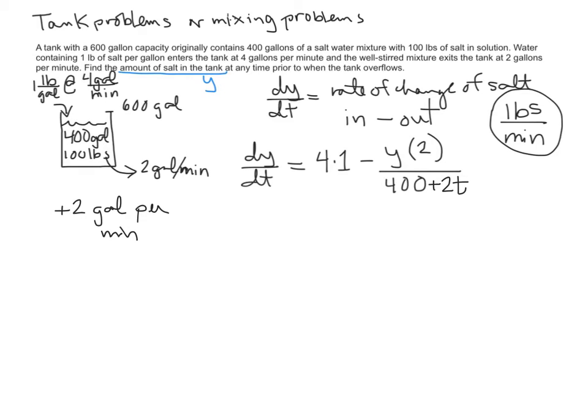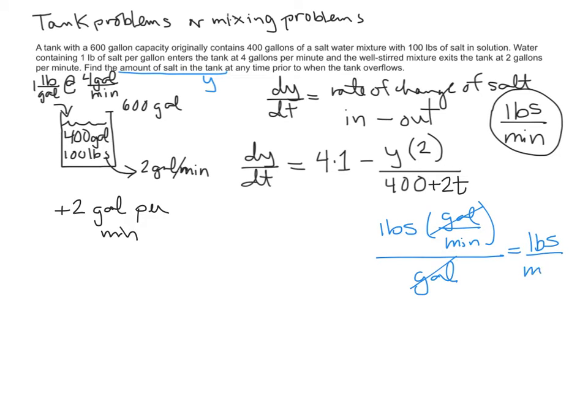Now this is a little complicated, and just in case I forget, I can look at the units. So the units for y is the salt, that's pounds. The units for that rate is gallons per minute. And the units for volume is gallons. And if you look at this, the gallons would cancel and we'd get pounds per minute.